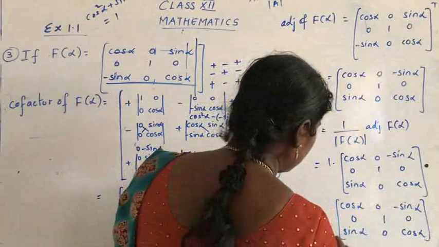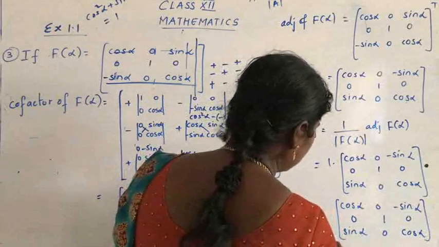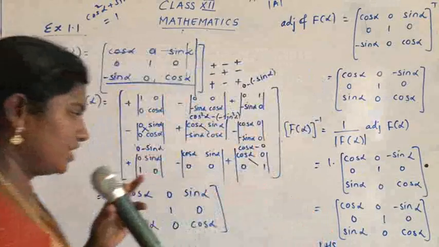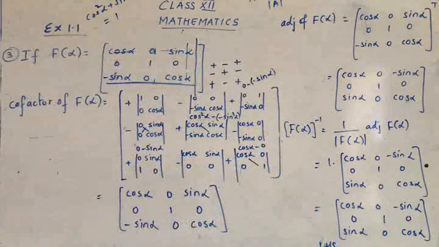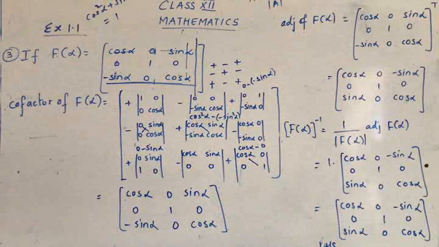This is our LHS part. So check whether your LHS and RHS are equal. What was our RHS? Our RHS was cos alpha 0 minus sin alpha, 0 1 0, sin alpha 0 cos alpha.